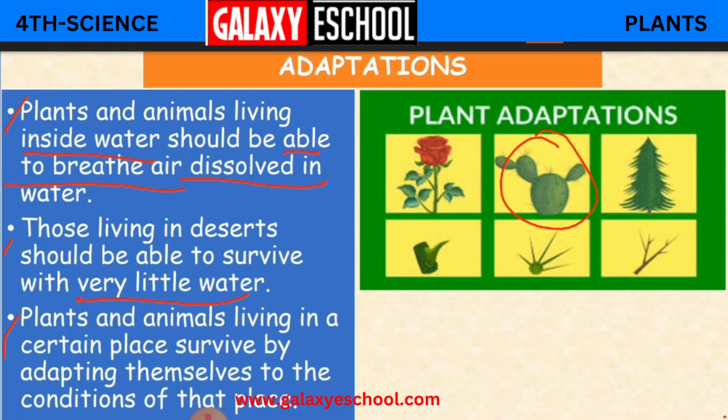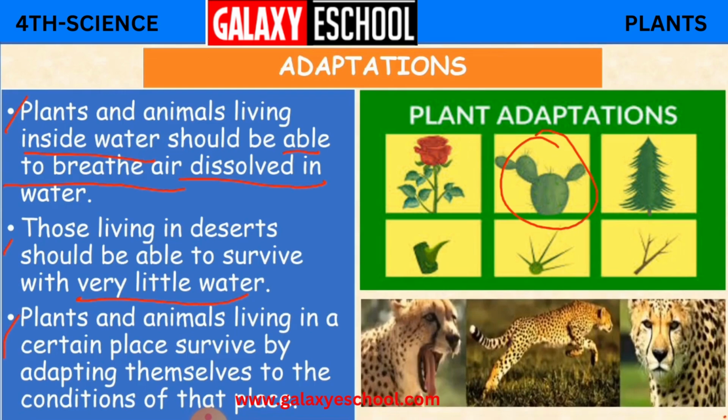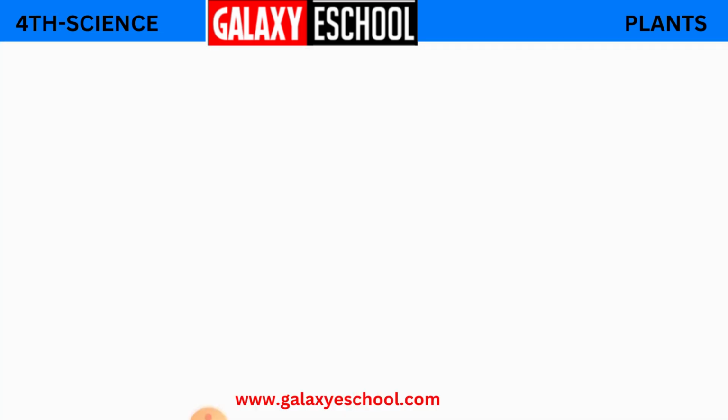Clear, children? This process is known as adaptation. Adaptation is nothing but making ourselves live in those particular climatic conditions, and it applies not only to plants but to any living thing, maybe an animal or a human being or a plant. Okay, children?